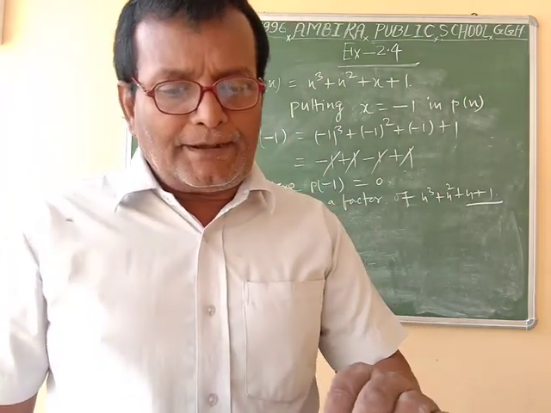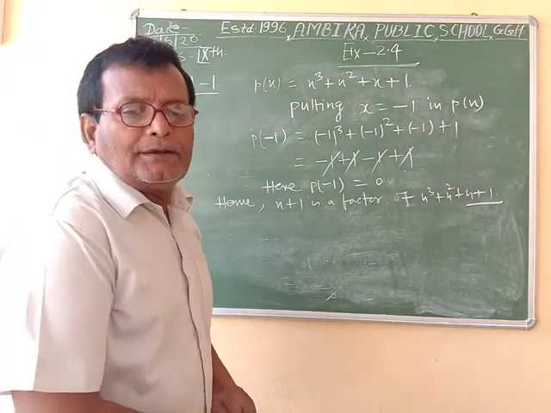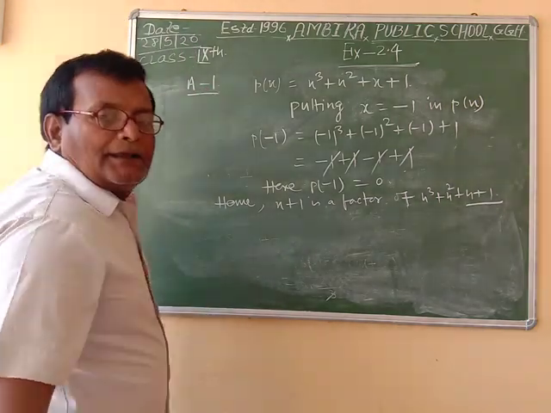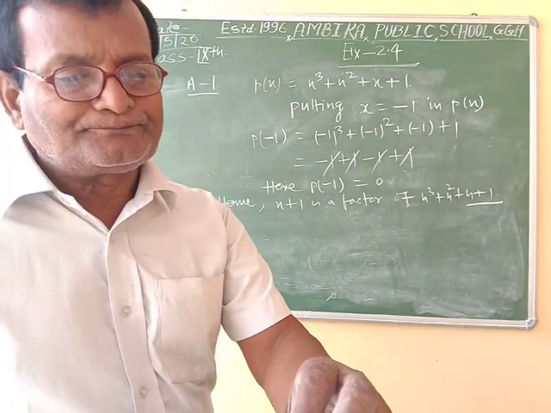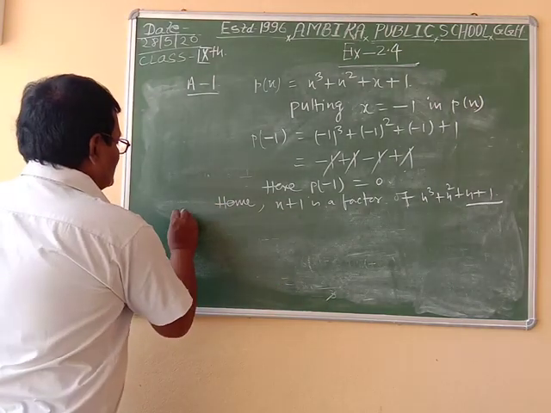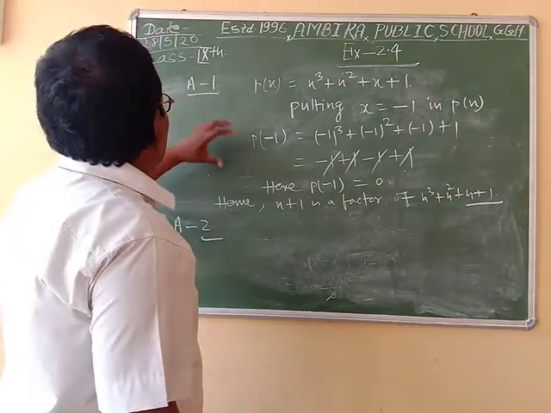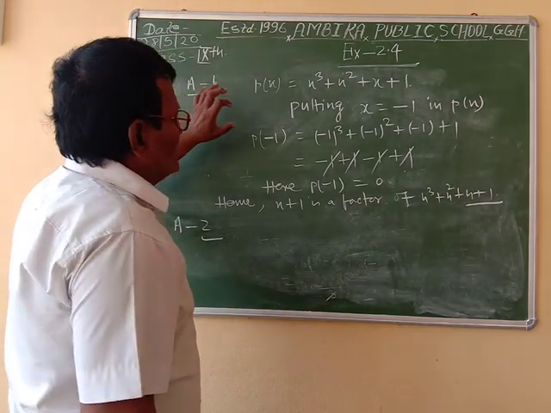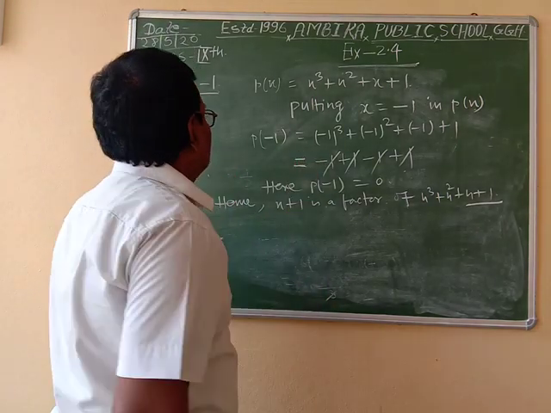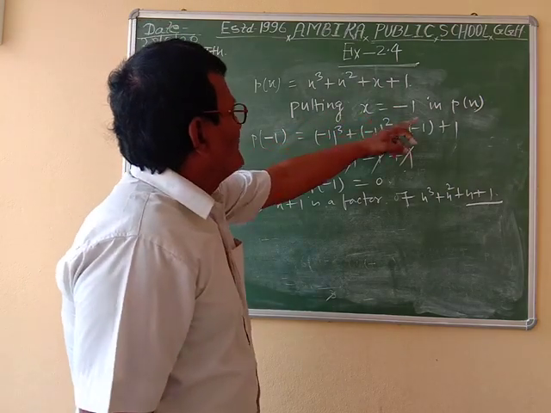In the next problem, in the answer 2, all three questions of one are very easy. You can put the value of x is equal to minus 1.